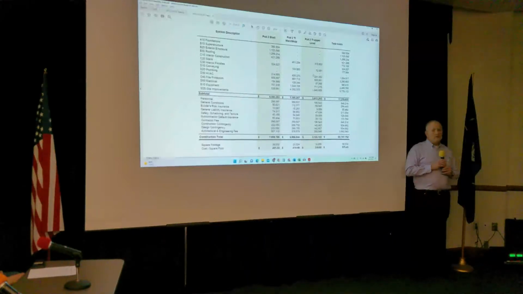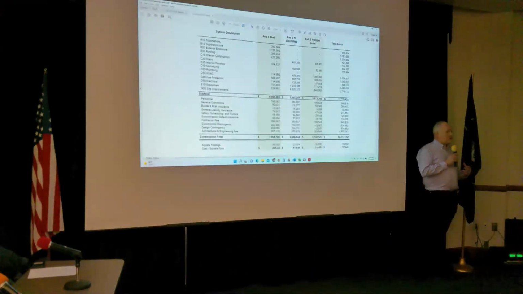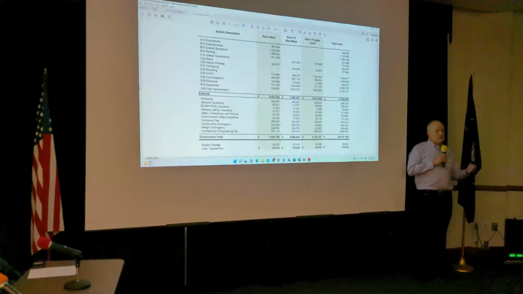Does the single pod option include the stubbing in for a second pod? Yes. Even if we just build a single pod option, this building's still designed, and we would still extend, stub out utility runs and things like that for a future second pod.